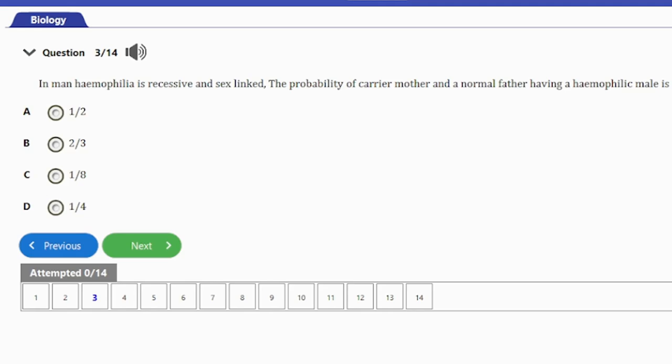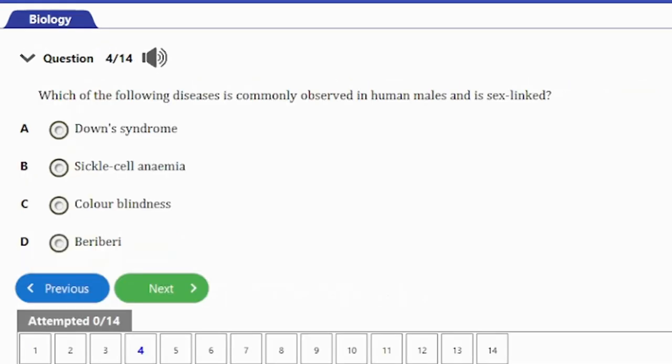So the answer to this question will be option A. The probability of the child actually being a carrier is 1/2. That's like 2 out of 4 being carriers, and 2/4 is the same as 1/2. So that's the answer to this question, option A. Let's go ahead and check out the next question.